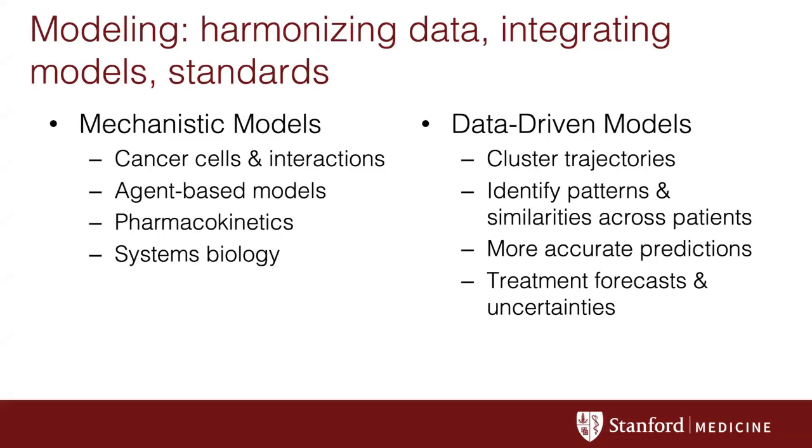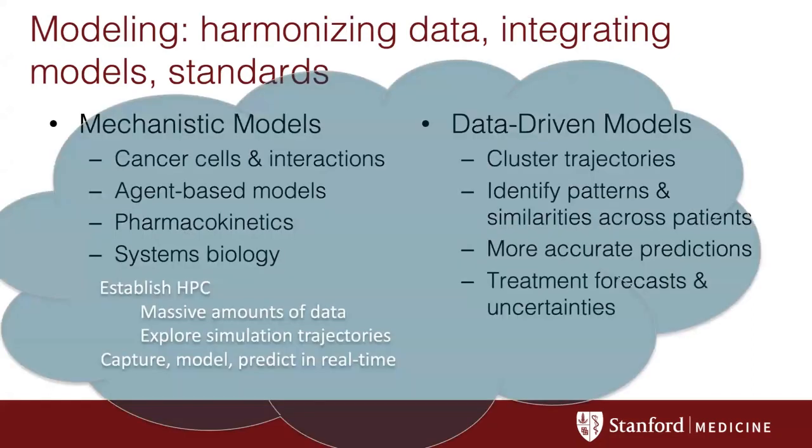And we're integrating those with our data-driven models. So I'll give you an example of the way we're thinking about this in a couple minutes, but how we cluster real-world patients and then fill in those gaps with our mechanistic models is a big challenge. But from an academic institute, it's a huge opportunity for us to think about innovative ways to approach these model harmonization.